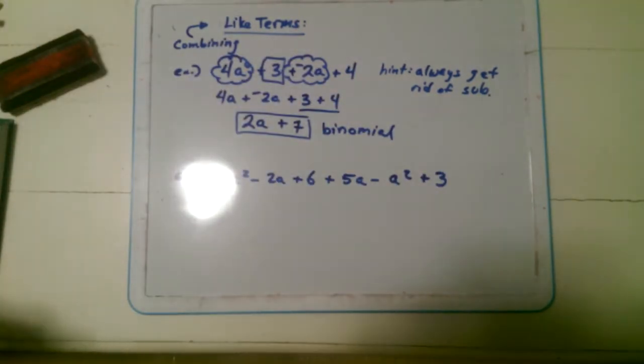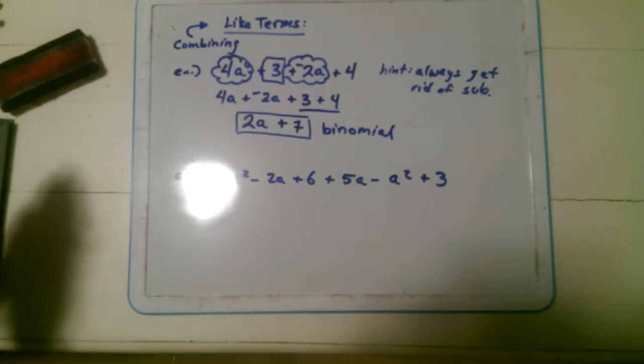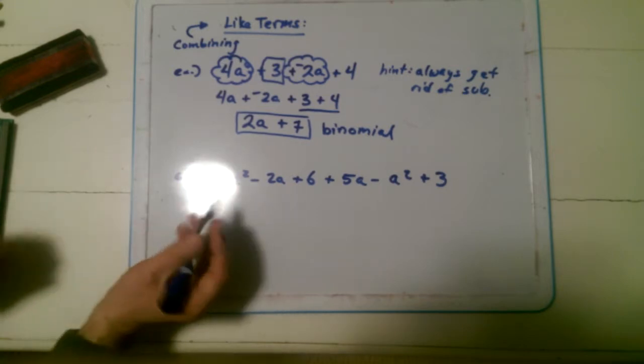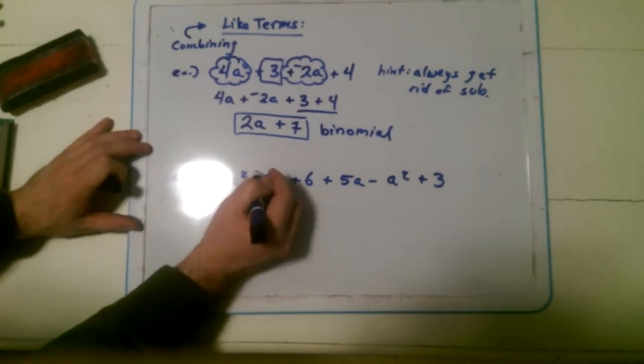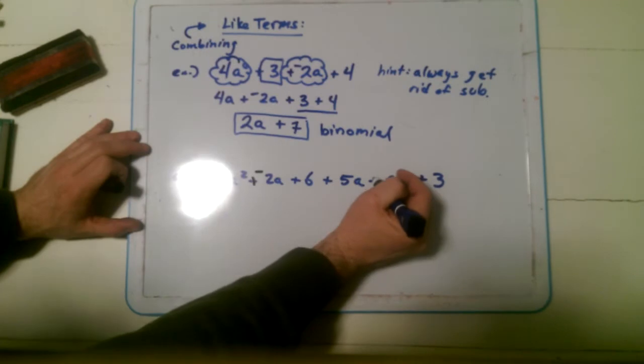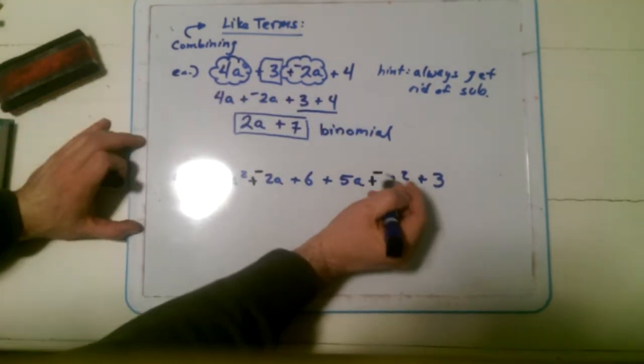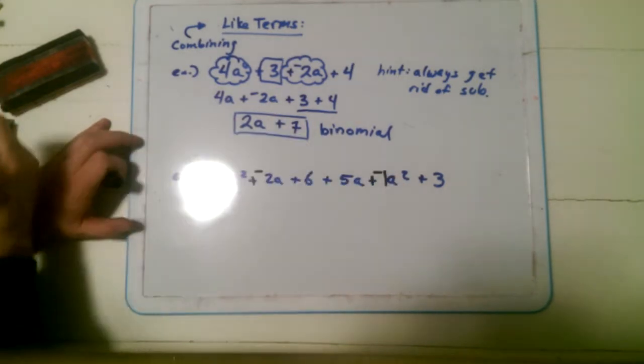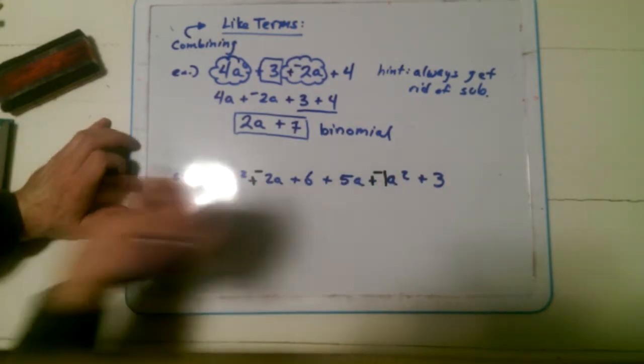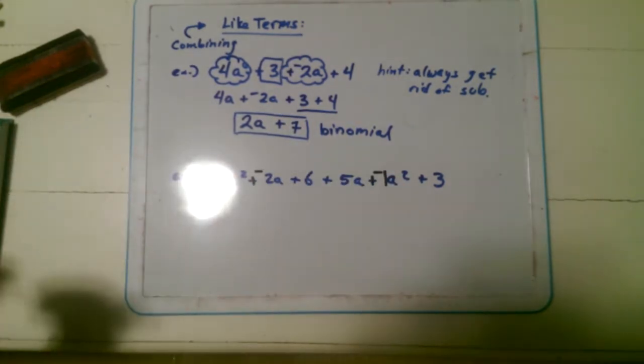Let's do our first step, get rid of subtraction. This is plus negative 2a. This is plus negative, and the negative has to go with the number, so we're going to put a 1 in front there because we have a 1a squared. And then we'll have 3.